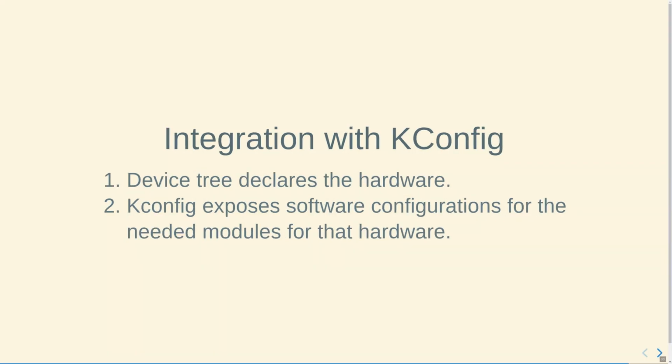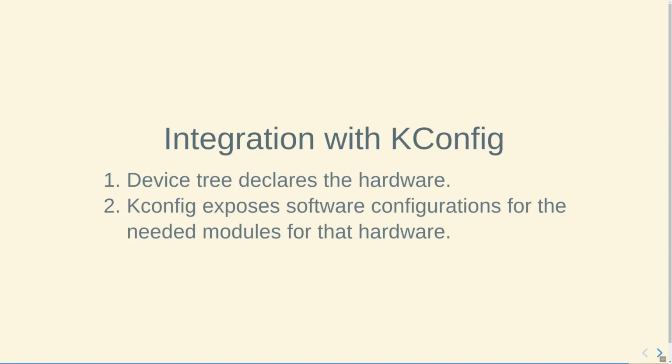Once we have the described hardware and the boot time configuration for it, we can use that information to feed into the Kconfig configuration system. That means that device tree declares which hardware we have and are using, and Kconfig will expose the software configurations for that hardware.